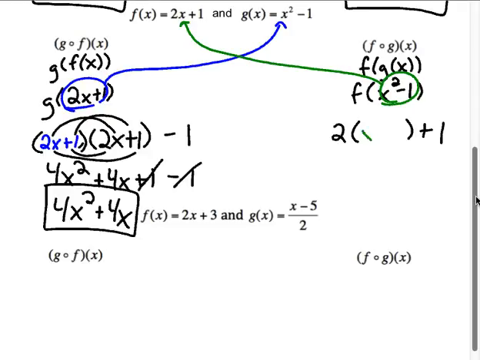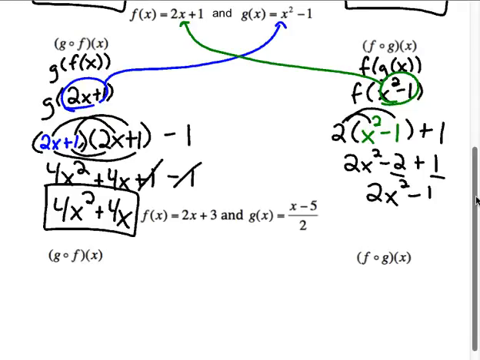So I'm replacing that x with x squared minus 1. And now again, just do what's necessary to clean this thing up. So I'm going to distribute the 2 and combine my like terms. And that's going to be my answer.